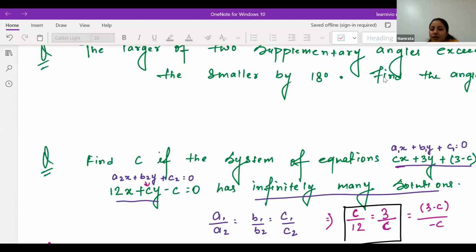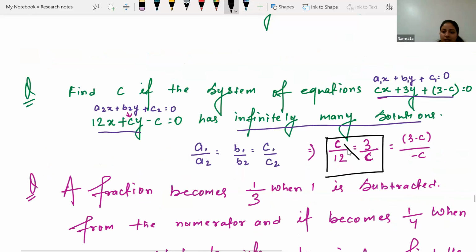Check it, Harshit. If we do crisscross multiplication, we will get c square is equal to 12 into 3. Are you getting the same? We will be doing c into c, which is c square. So c into c is equal to 12 into 3.